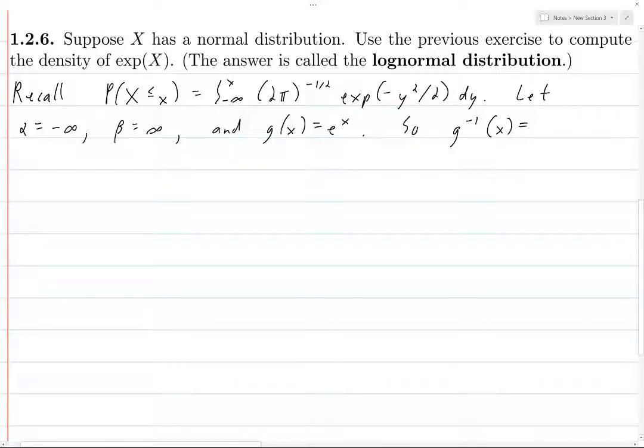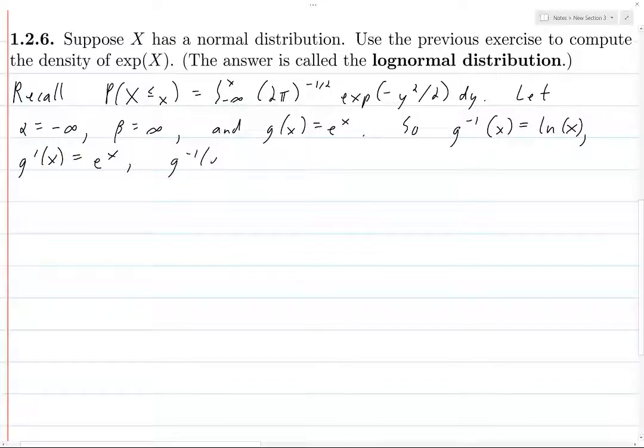We need to compute this, and this is just the natural log of x. I'll put parentheses around it. g prime of x, well, that's just e to the x. Then we also need the lower and upper bounds, so we need g inverse of alpha and g inverse of beta.